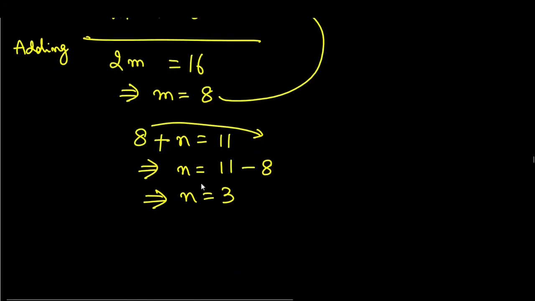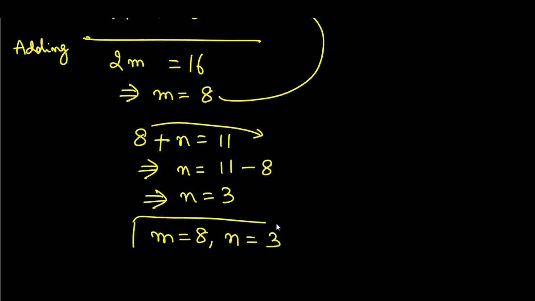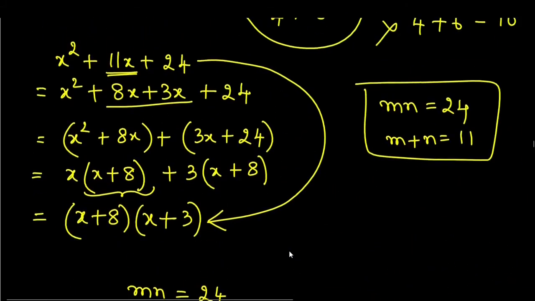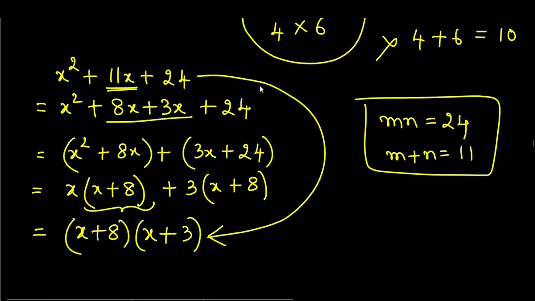So we have obtained m is equal to 8 and n is equal to 3. So in this way, algebraically we can find the two numbers whose product is 24 and whose sum is 11. Then using those two numbers, we can factorize the given quadratic polynomial.